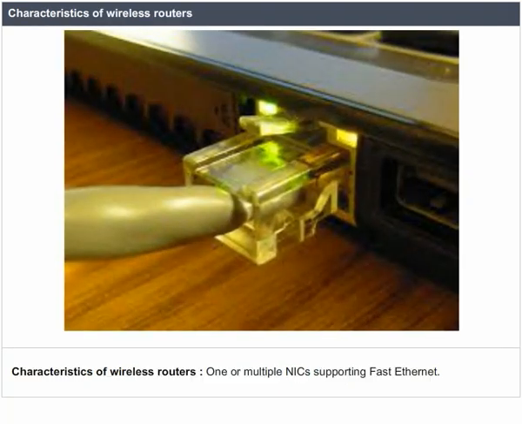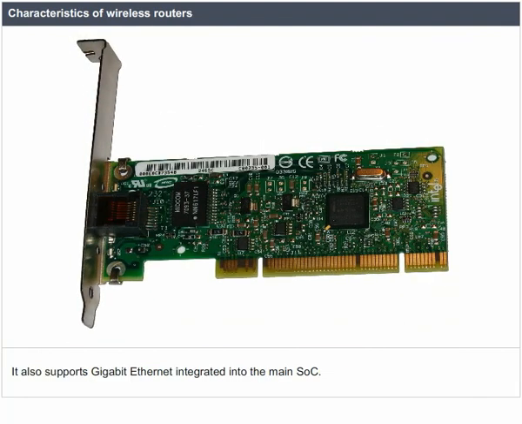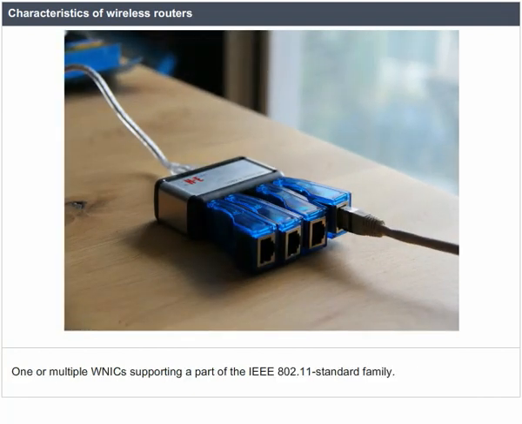Characteristics of wireless routers. 1 or multiple NICs supporting Fast Ethernet. It also supports Gigabit Ethernet integrated into the main SoC. 1 or multiple WNICs supporting a part of the IEEE 802.11 standard family.